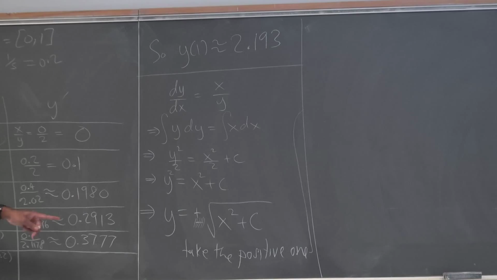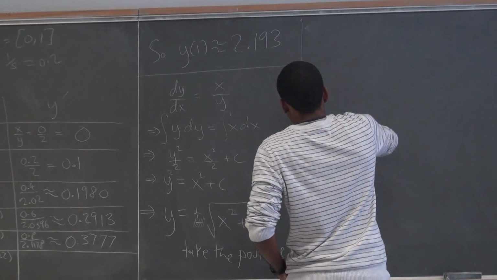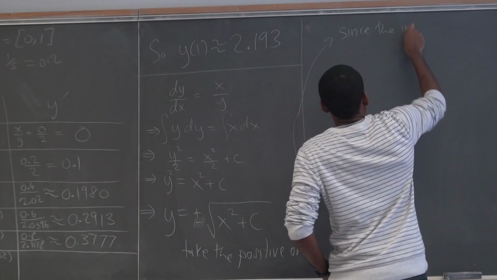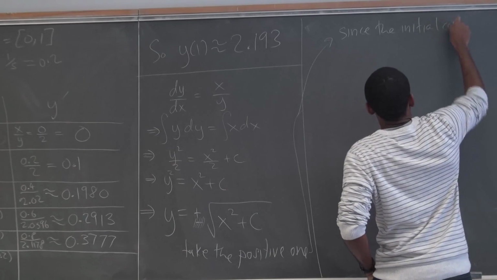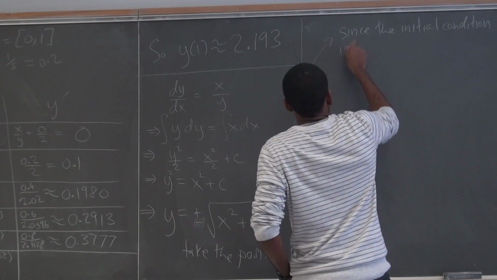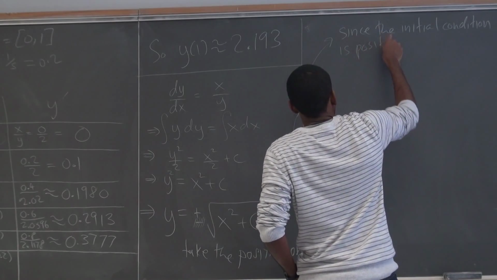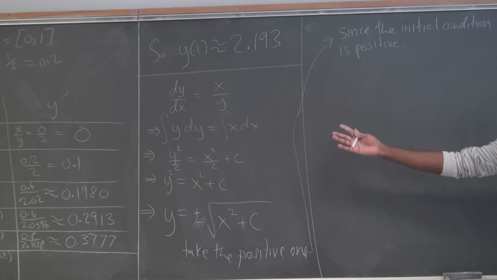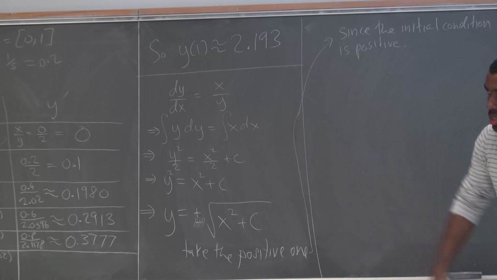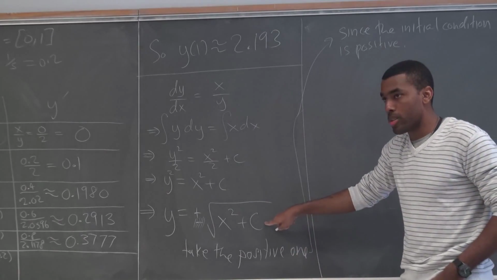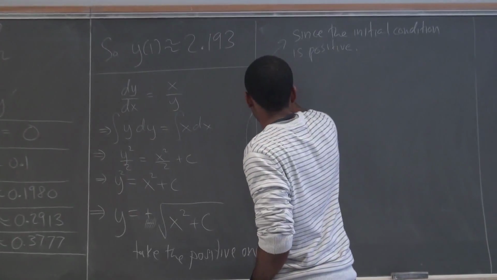If I put a minus sign there, it would be negative, right? So since the initial condition is positive, if I get a plus or a minus, I'll take the plus because that would agree with my initial condition. And here we need to find the c because we want to get the exact answer.